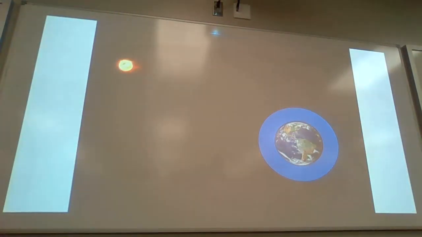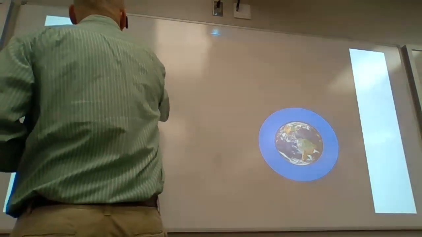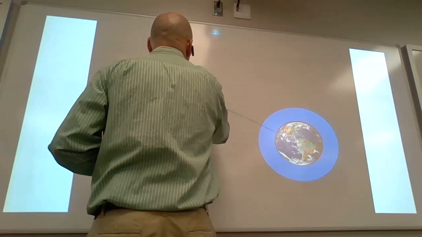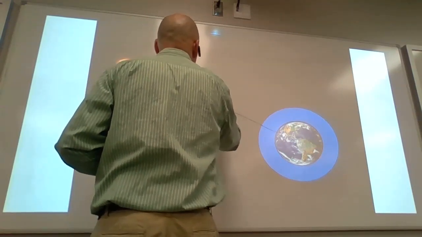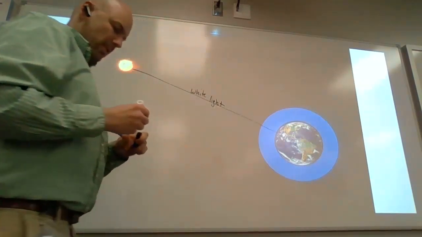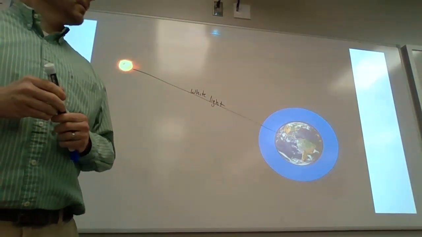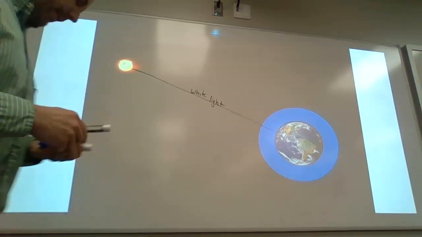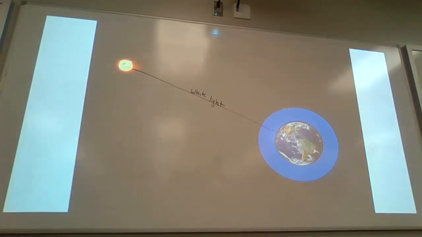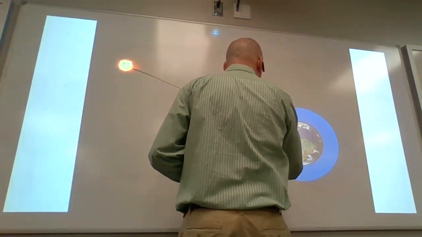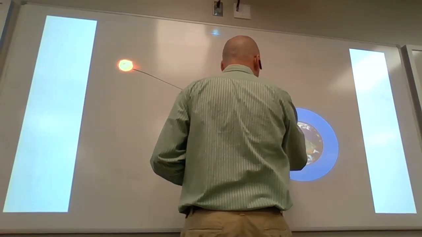So what happens is this. White light from the sun goes through our atmosphere. Now, I drew the atmosphere crazy exaggerated thickness wise. Blue light and purple are scattered.